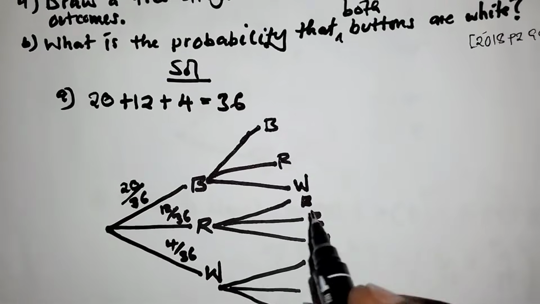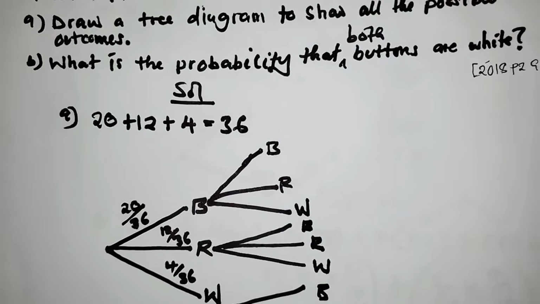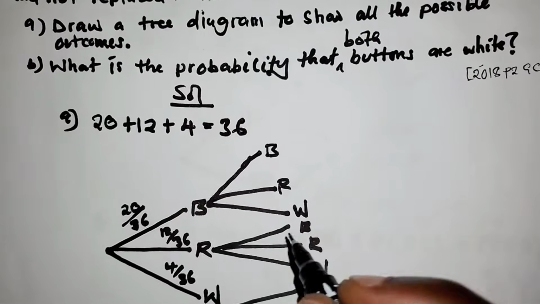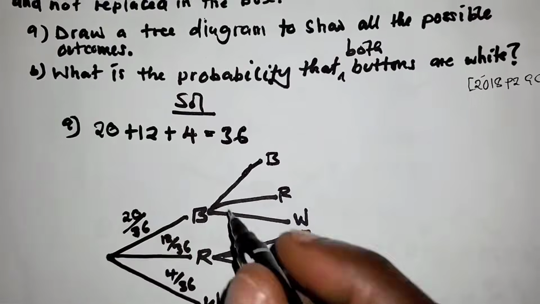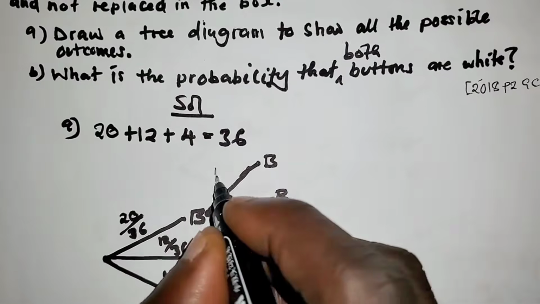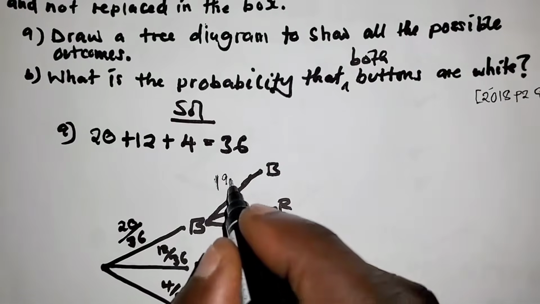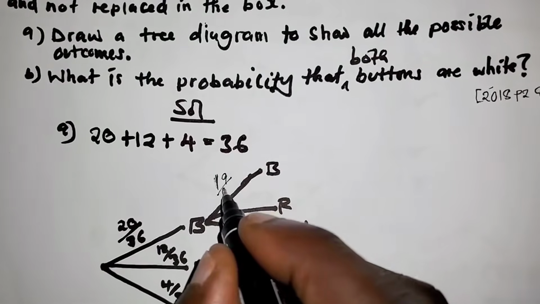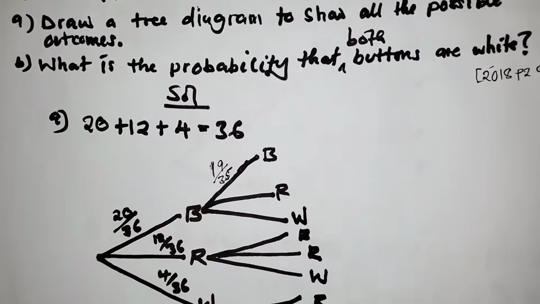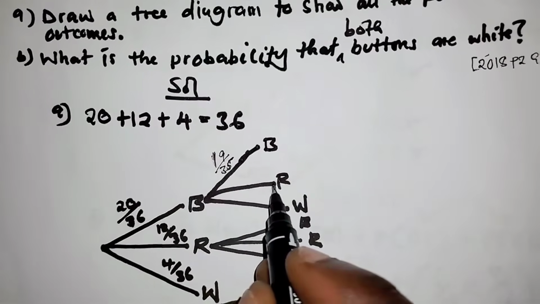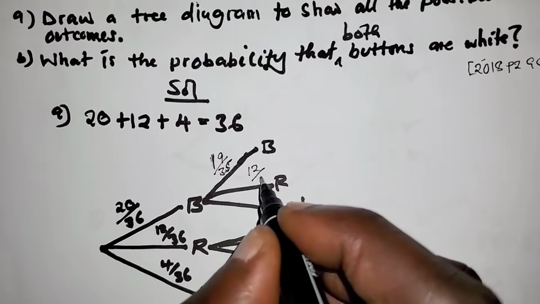Now, let's assume that the button that wasn't replaced was black. Then out of 20 black buttons, we remain with 19. So 19 over the total number, which will reduce by 1, so it will be 35. But red, the number of red will just remain the same: 12 over 35.